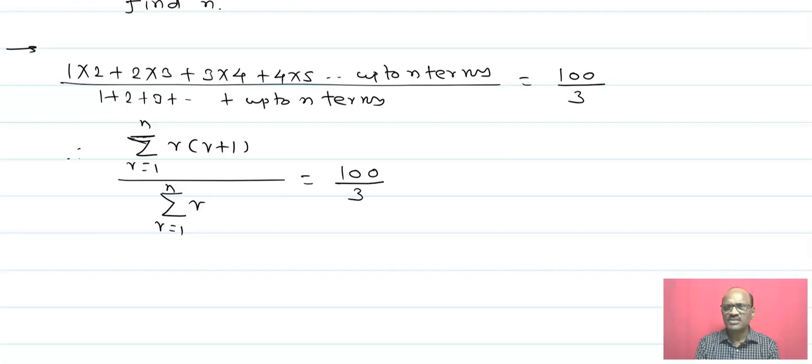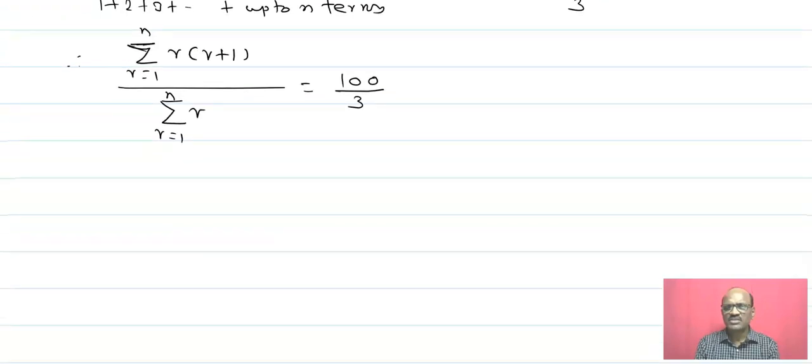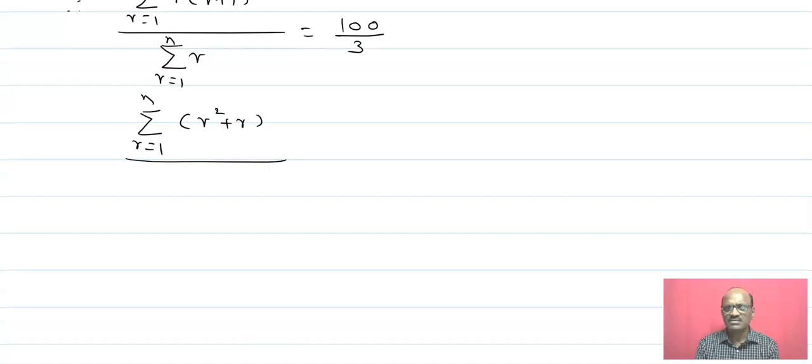Now summation of r square plus r upon summation of r.